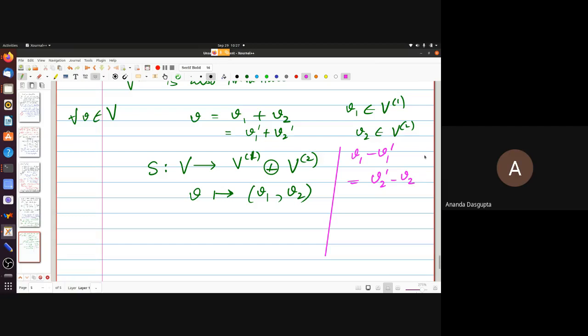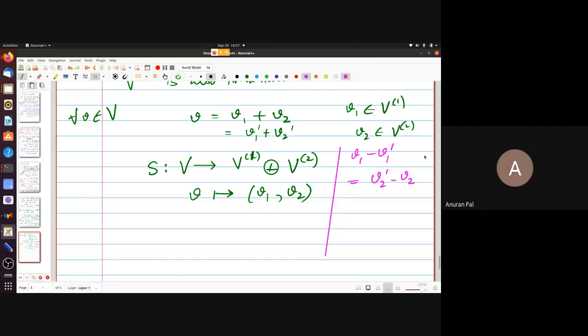Now let's focus on the vector on the left, v1 minus v1 prime. Which vector space does this belong to? V1. But it must also belong to V2, right? Because it's equal to the vector on the right. Yes.